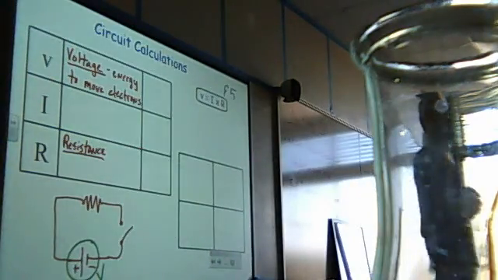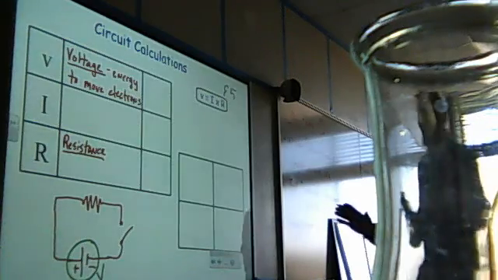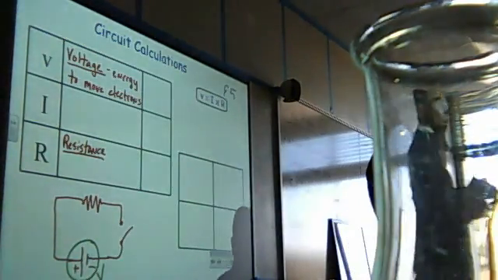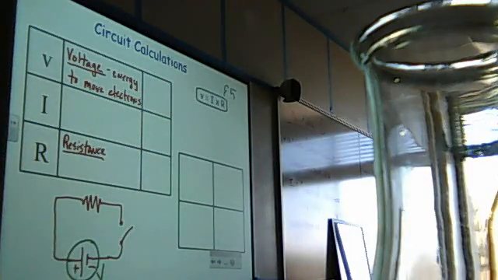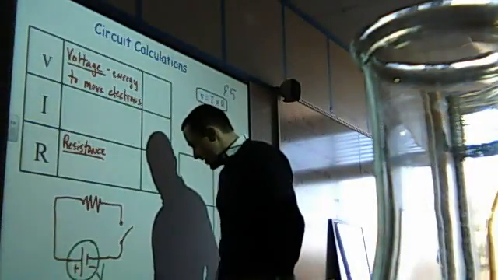What in this circuit would slow down the electrons? What in this circuit do the electrons have to power as they travel through the circuit? I know it sounds weird, but we'll try it this way. The light bulb. So the light bulb is resistance.